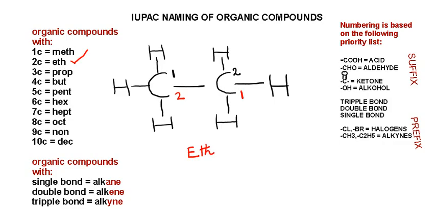Then the second step is for you to check the bond in this organic compound. Looking at this compound, you will see that the bond we have here is a single bond. Since it is a single bond, it belongs to a group called alkanes.